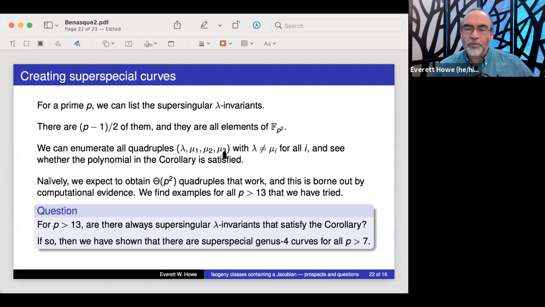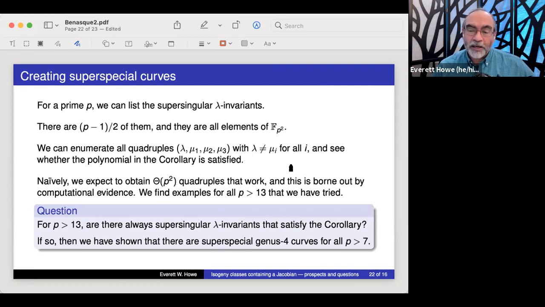When you evaluate the polynomial, we'll get an element of Fp squared. If everything is going right with the universe, there should be a probability of 1 over p squared that value is 0.